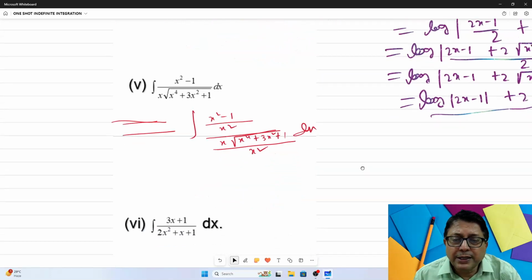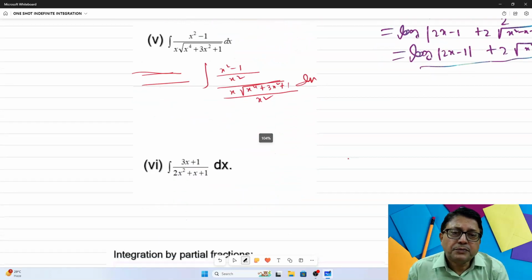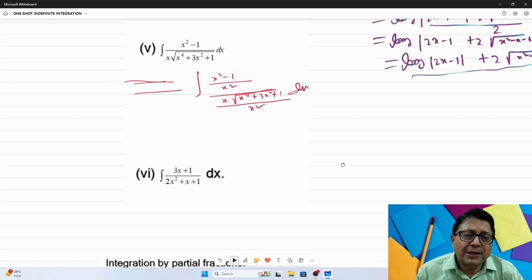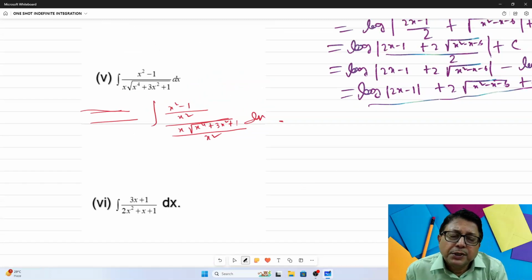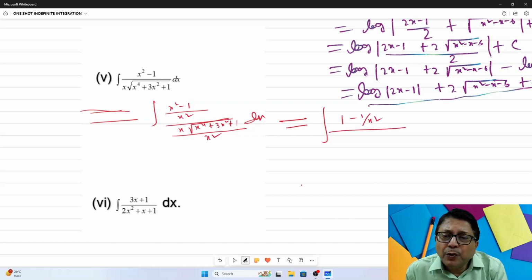So this one is, you separate, 1 minus 1 by x square, 1x getting cancelled, 1x you take inside root.